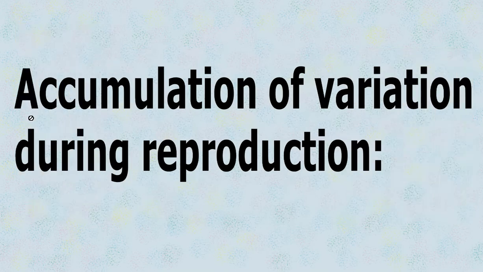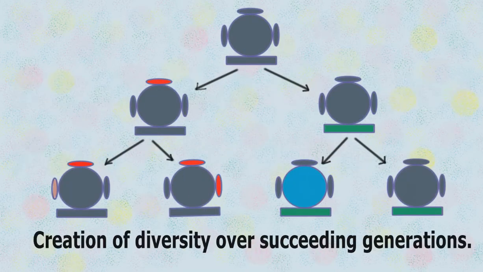Let's discuss about accumulation of variations during reproduction. We discuss variations with the help of this hypothetical diagram. Suppose this is an organism and it has a particular basic body design. If this organism undergoes asexual reproduction, then this single parent will give rise to 2 new individuals.